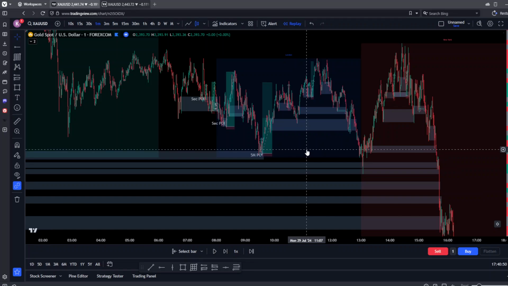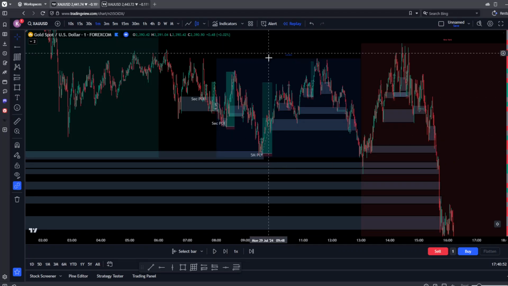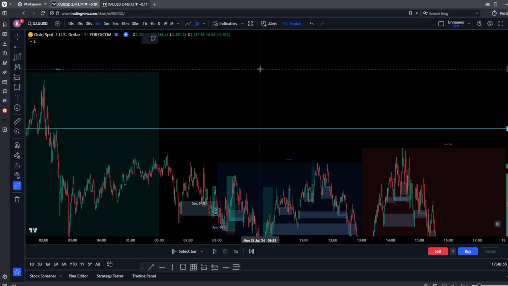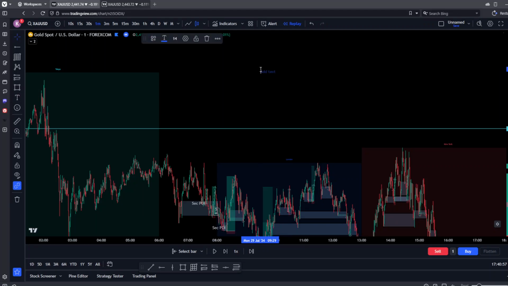My target for this method is gonna be 20 pips. My stop loss will be 2.5 pips. So stop loss 2.5 pips and target is 20 pips.